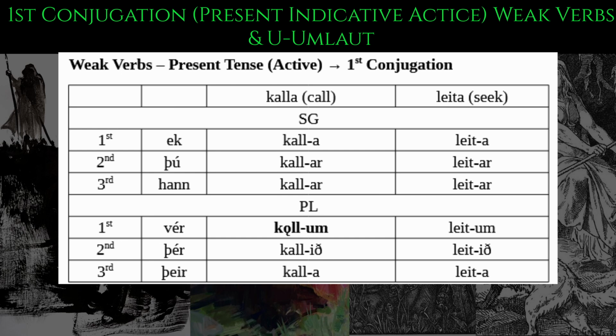We are starting with the first person singular, then the second, then the third, and then the first, second, and third person plural. So, kalla, kallar, kallar, kollum, kallith, kalla. As for leita, we have leita, leitar, leitar, leitum, leitith, leita.